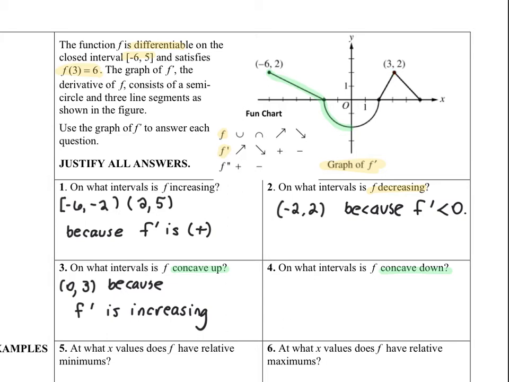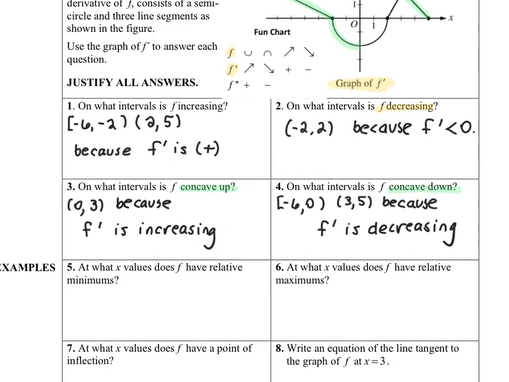Once I move past 3, back on the decrease. There are two intervals of decrease. I just list these green intervals, -6 to 0, 3 to 5. My reason is just what I was looking for in this f prime graph, which was a decrease. F is concave down when f prime is decreasing, and that is my reason.